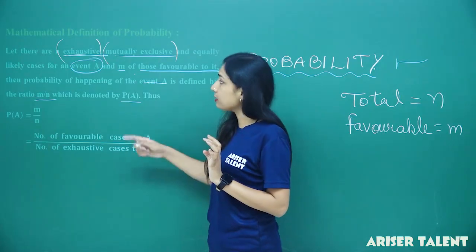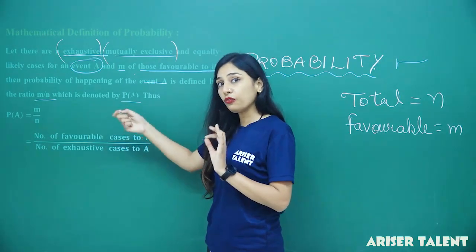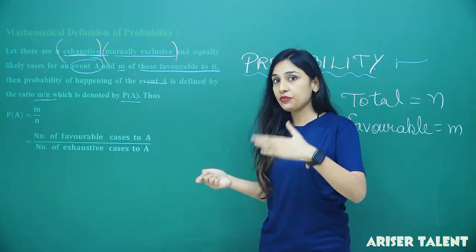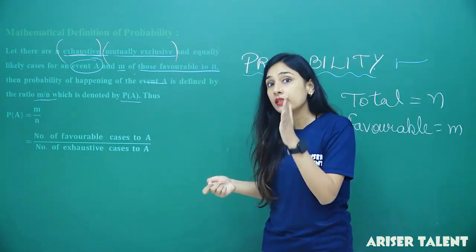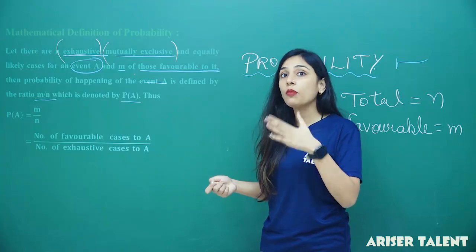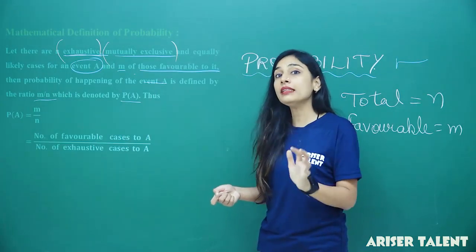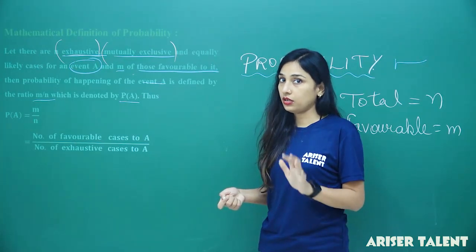So in that case, P(A), the probability of occurring of the event A. Now, event A, in this case, I am taking the example of a coin, and I am talking about head to come. So event A is when head is coming on tossing. Right, students?